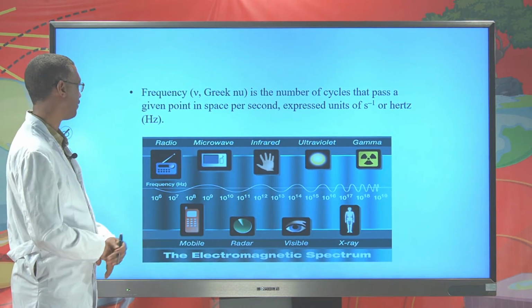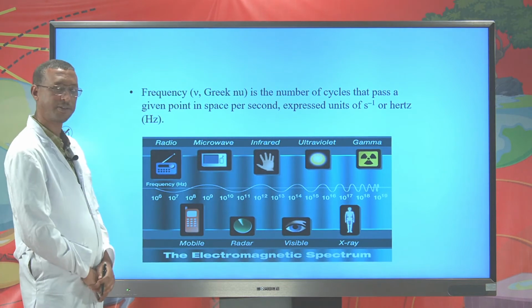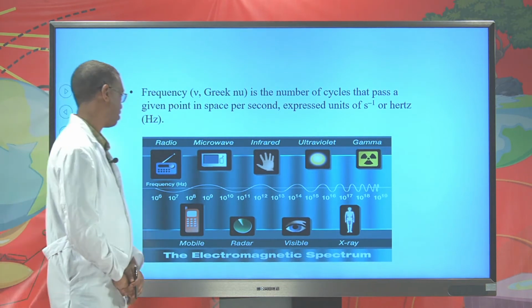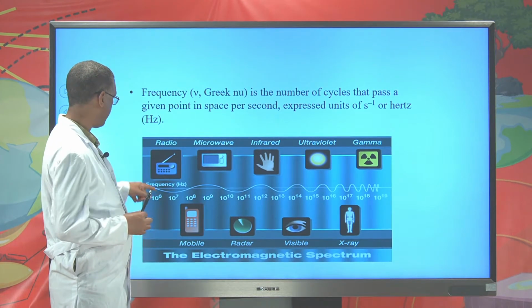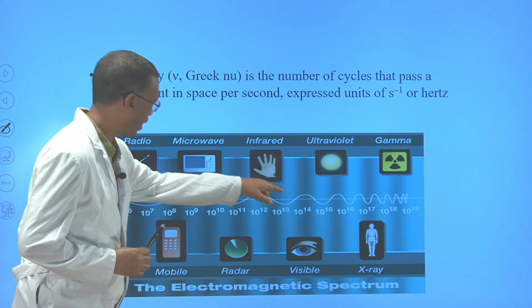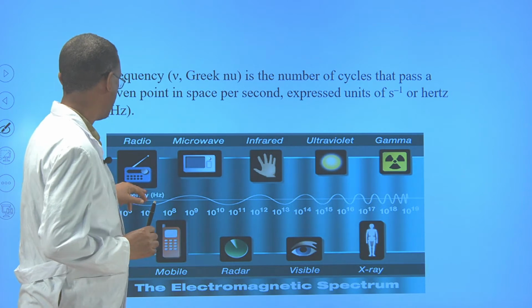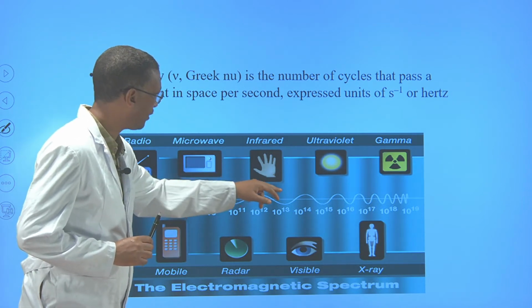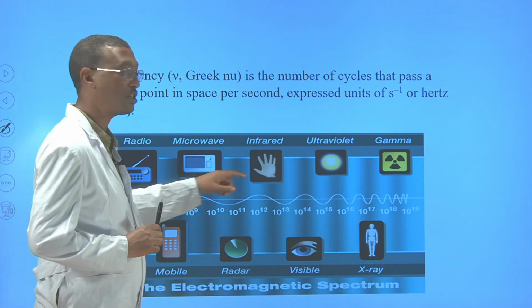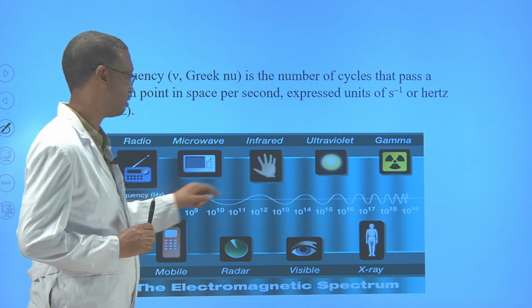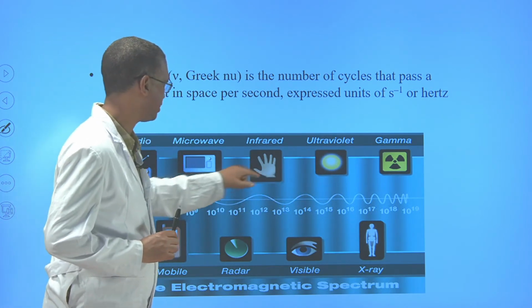So here we have an electromagnetic radiation. For example, if you see this is a wave, now the wavelength decreases in this direction, but the frequency increases. The wavelength is decreasing.